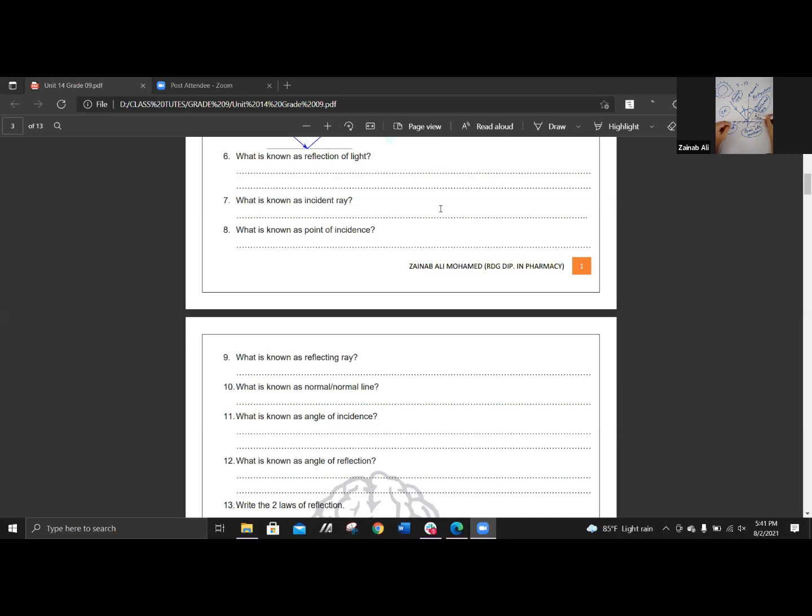So normal is the perpendicular line that is drawn to the surface at the point of incidence. Is it clear now, dear?